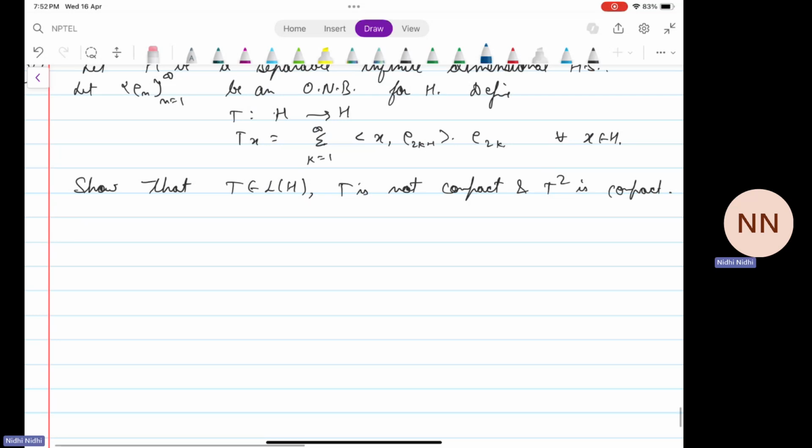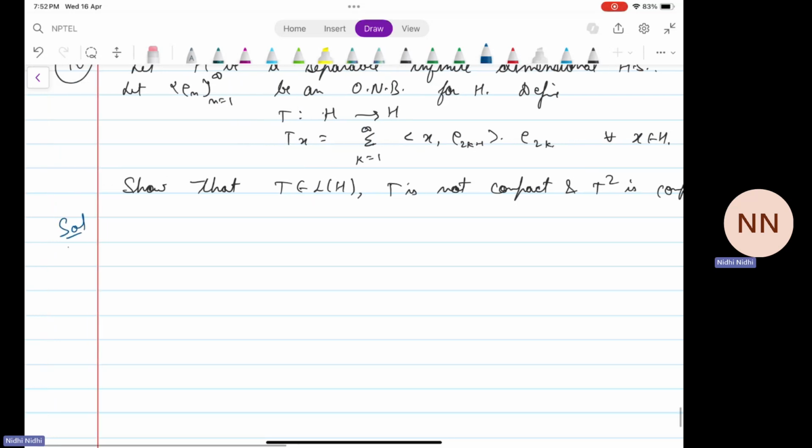Clearly, T is linear. You can see that yourself. We'll look at the continuity. For any x in H, norm Tx square is equal to the summation k from 1 to infinity of mod of the inner product of x with e_{2k+1} square.